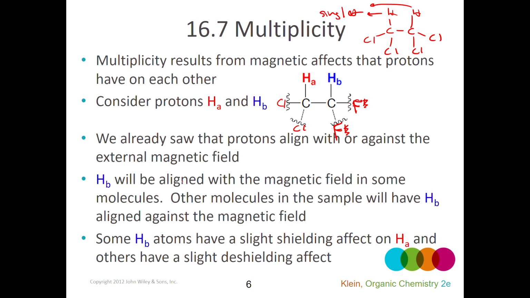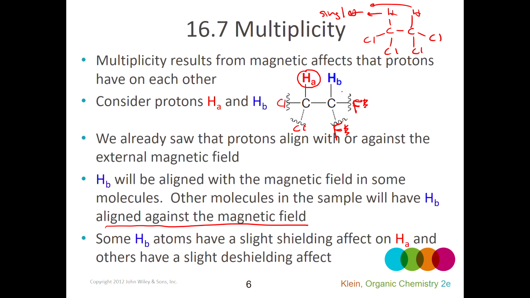So if I'm analyzing the signal I expect to see for hydrogen A, in some of the molecules, hydrogen B will be aligned against the magnetic field. In other molecules, hydrogen B will be aligned with the magnetic field.